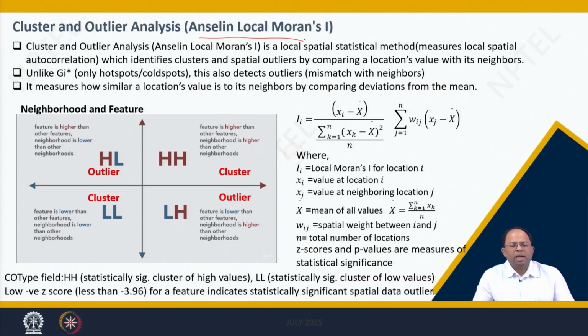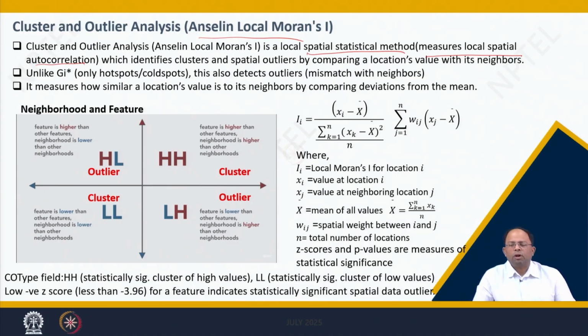Cluster and outlier analysis, otherwise known as Anselin Moran's I, is a local spatial statistical method. Again, these are not exactly machine learning, but there is a lot of similarity with machine learning, clustering and other things, but these are spatial statistics, and in this case it measures local spatial autocorrelation. Sometimes students make a mistake between spatial autocorrelation and correlation.